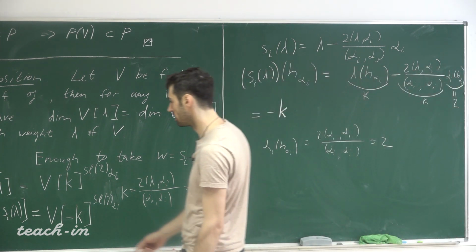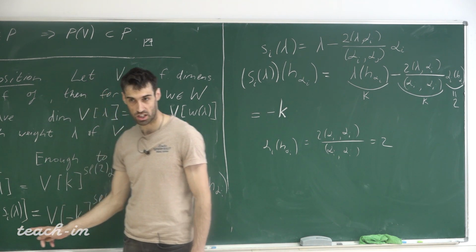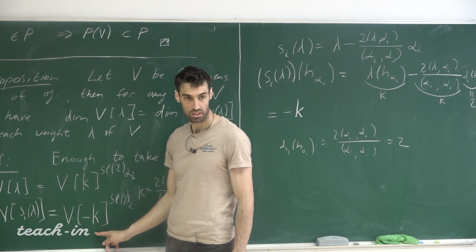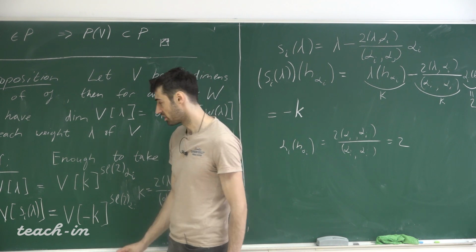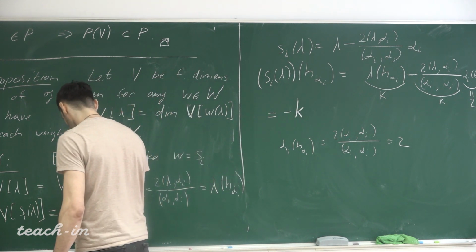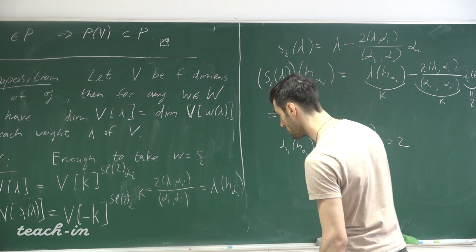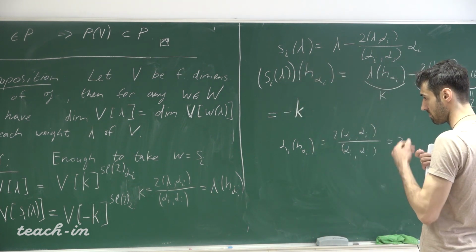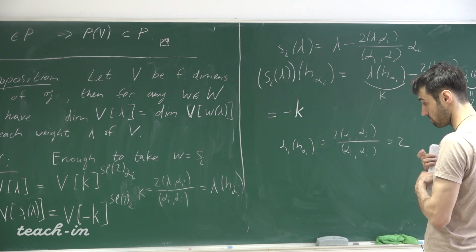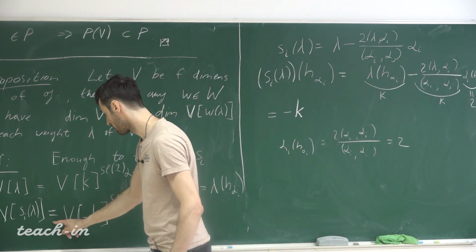So, to be completely honest, we take some vector from here and check that it has SL2 alpha I weight here. But you have weight decomposition, and because of weight decomposition, we should have this equality.